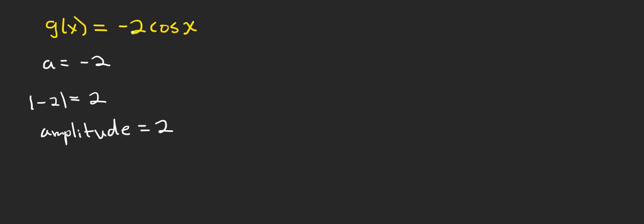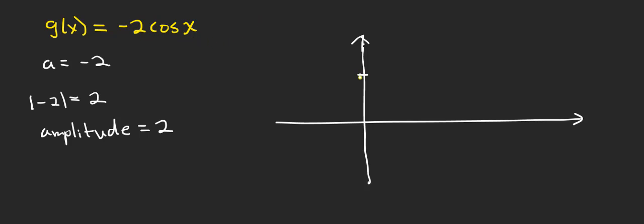Well, in order to graph this, we want to sketch cosine x first. So here's 1. Here's negative 1. Here's 0. This is pi over 2. Pi. 3 pi over 2 and 2 pi. So in order to graph cosine x, you want to start from 1. And then you go down to 0 at pi over 2.